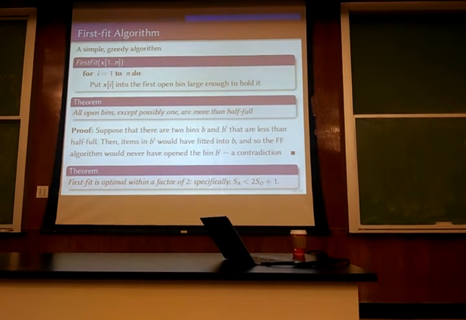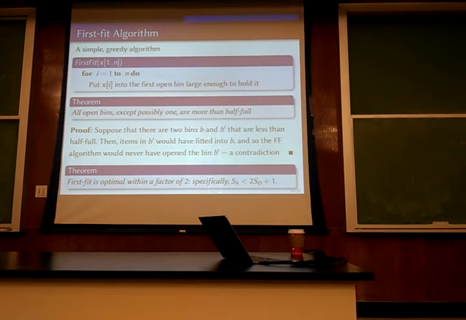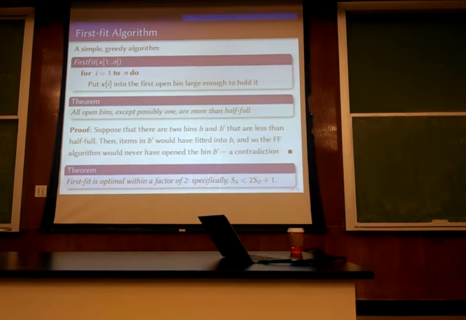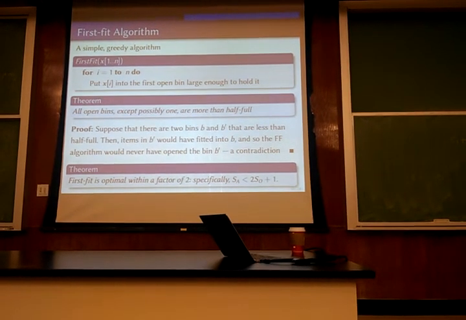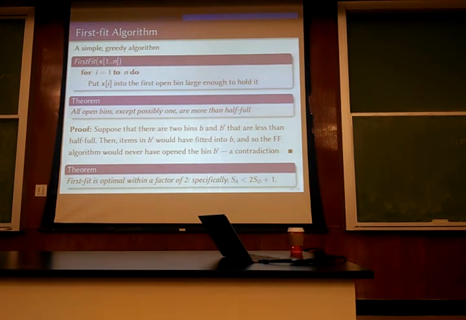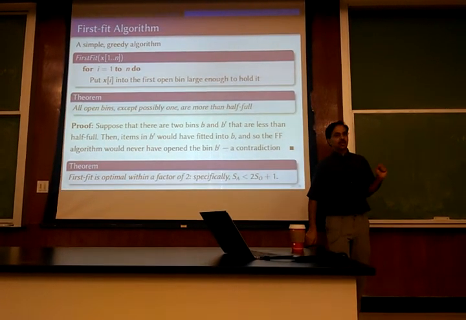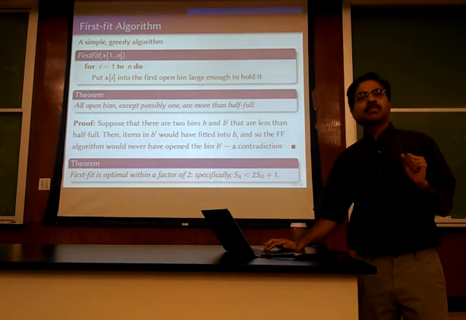The optimal solution could have all the bins full, whereas in the approximate solution, you could have each bin only half full, except the last one. So you'll have 2 times the number of optimal bins plus the last one, which could be almost empty. So that adds plus 1. That's why SA is going to be 2 times SO plus 1 in the worst case. Any questions?